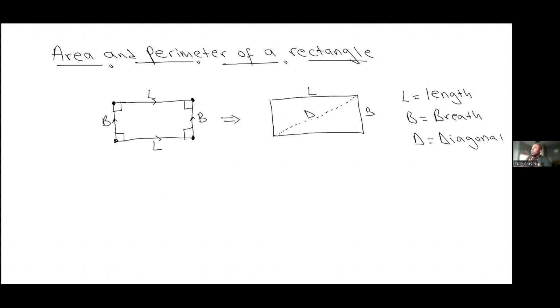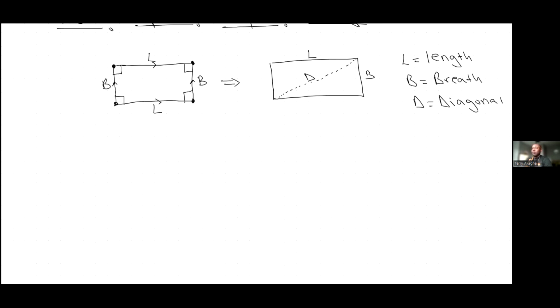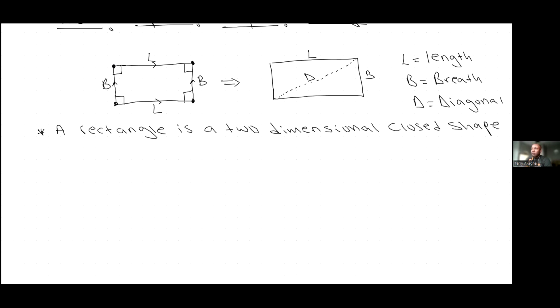Because I know students will take note, I'm going to write down what I just said so that it will be easy for you to understand. A rectangle is a two-dimensional closed shape with four sides.